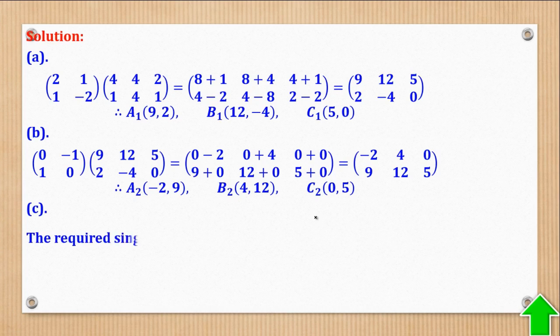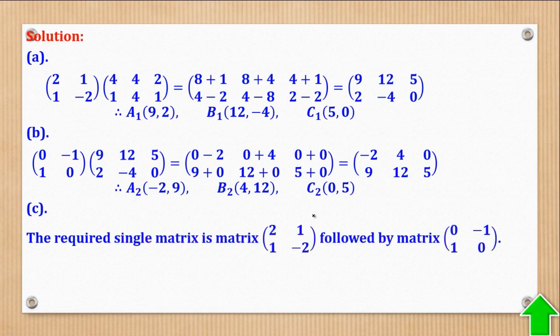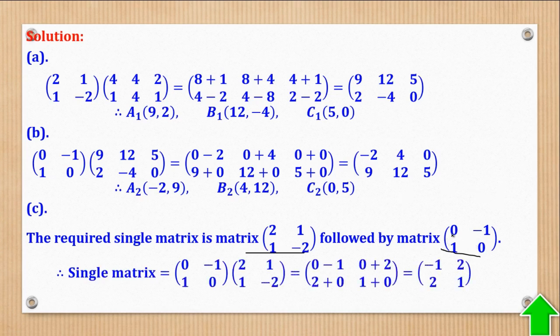Part C, they wanted a single matrix which maps the object to the final image. So that is matrix this followed by this. And that is written by starting with the end, then you go to the first one. So multiply this, it will still be row by column to give you this. Then again row by column to give you this.